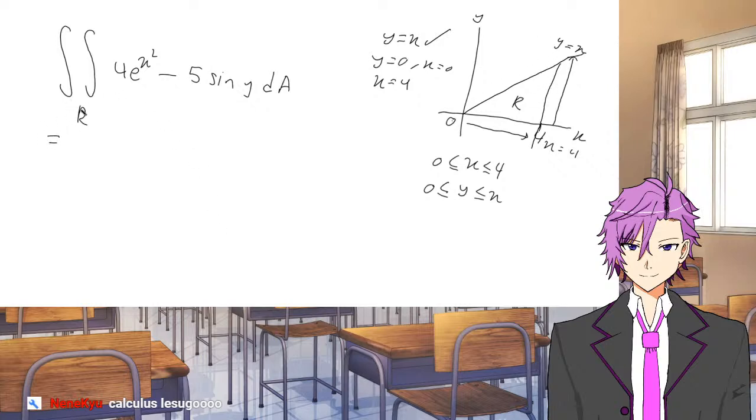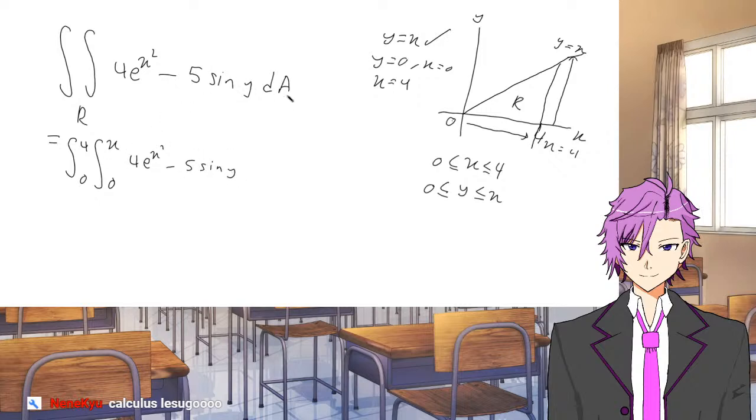So that's how you set up the intervals. If you use Fubini's theorem, it would be from 0 to 4. We'll start with x, and then from 0 to x, 4 e to the power of x squared minus 5 sine y.